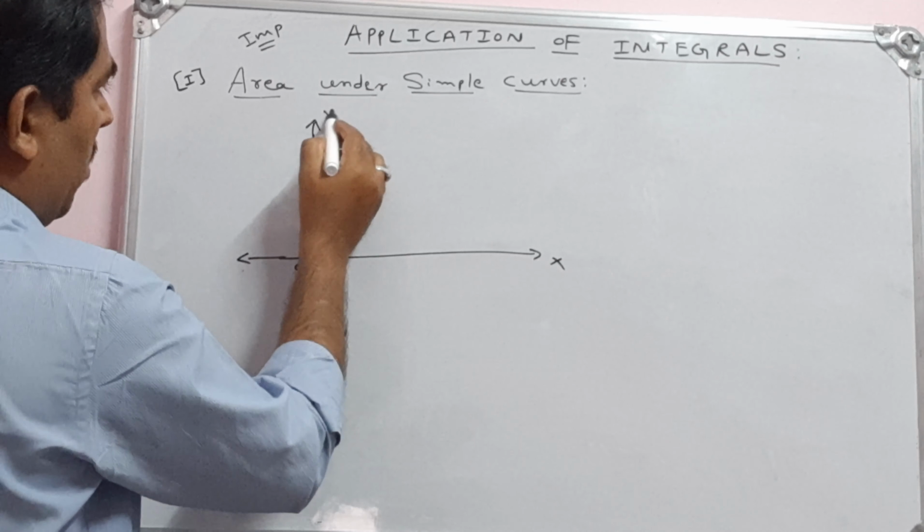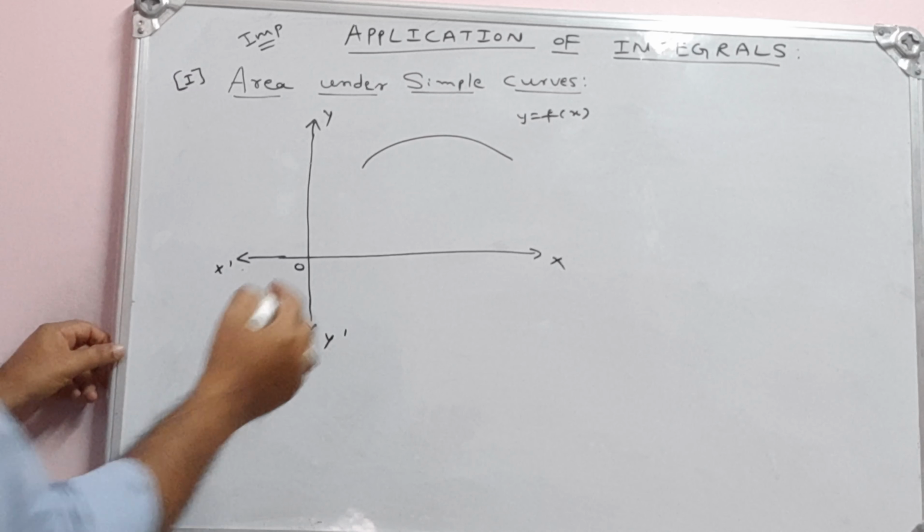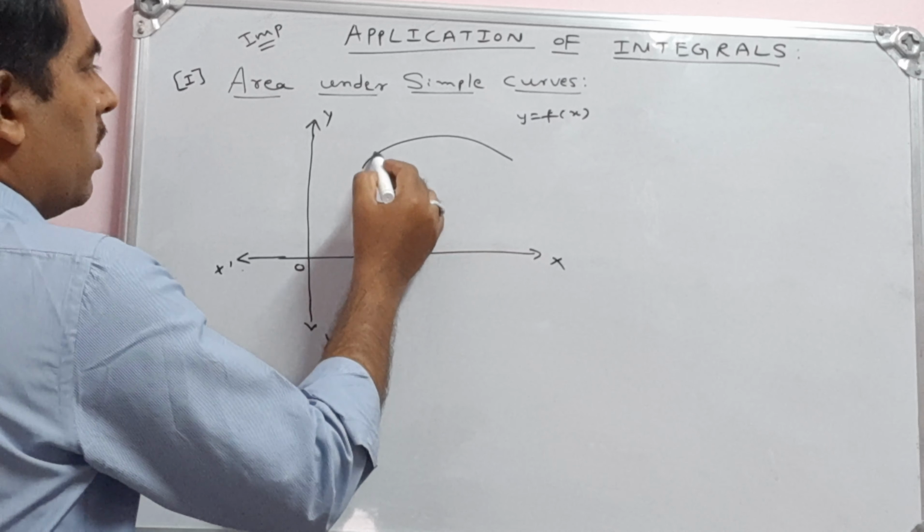Let us say the curve is in the form y is equal to f of x. If I consider two vertical lines, this is a line parallel to the y-axis, and this is another line parallel to the y-axis.